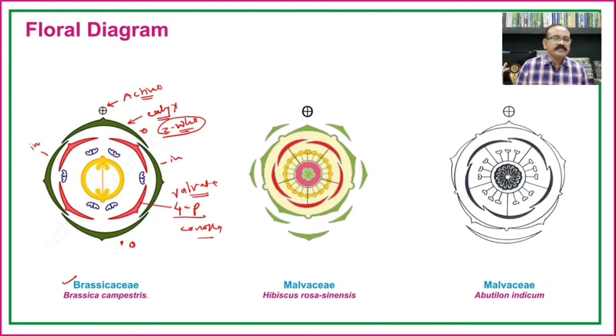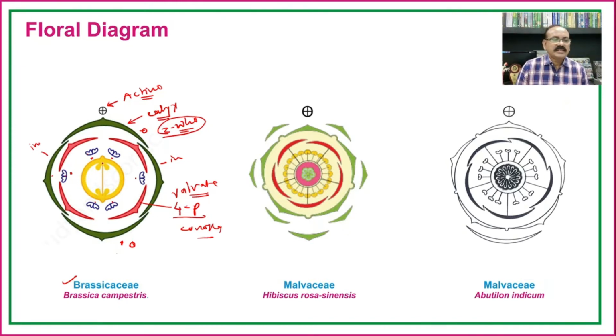Then there are six stamens: 1, 2, 3, 4, 5 and 6. Out of that, 2 are drawn towards the petal and 4 are drawn towards the gynoecium.